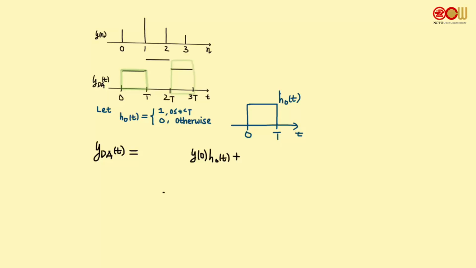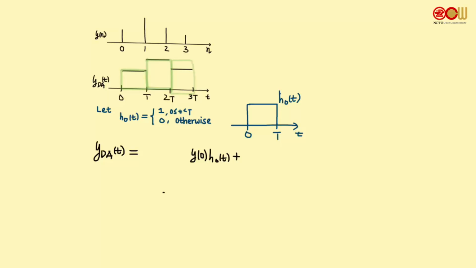And between t and 2t, what is this? That would be rectangular pulse h0, but with a shift.